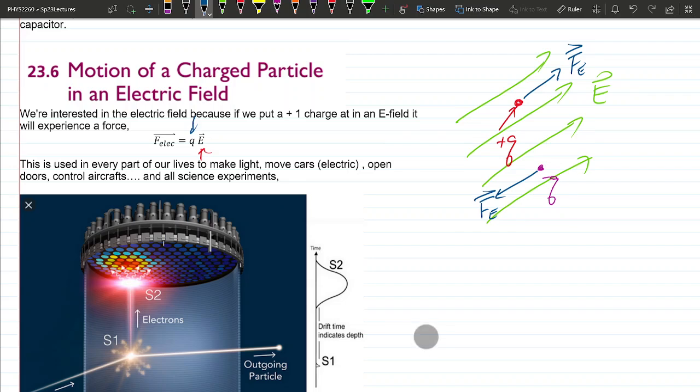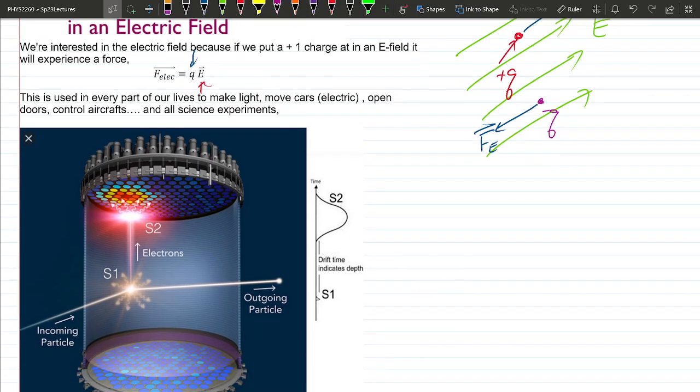And electric field is very useful. The lights in our room, for example, are actually working on electric field. The way these fluorescent tubes work is that the wall socket applies an electric field on the two ends of the tube. Actually, I have one here.